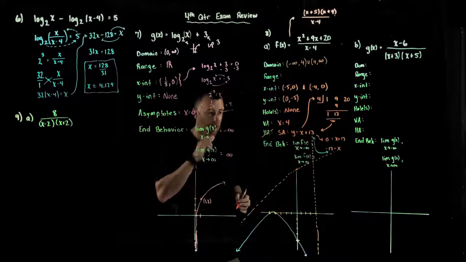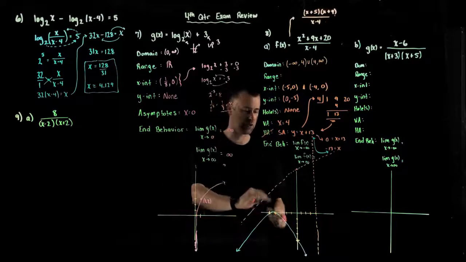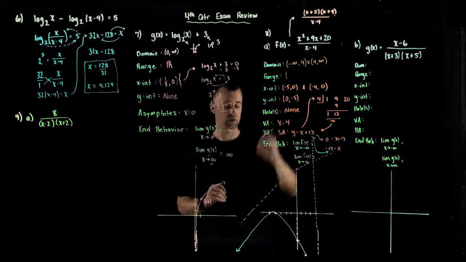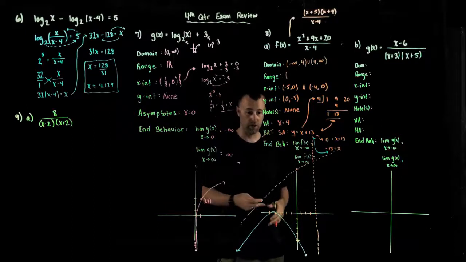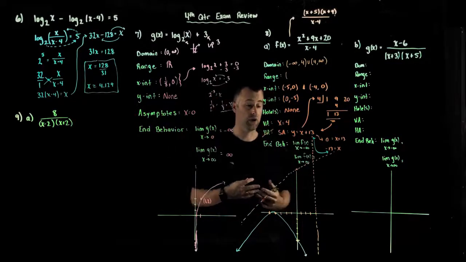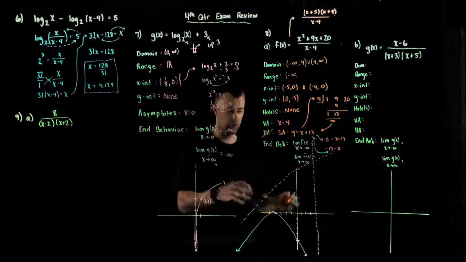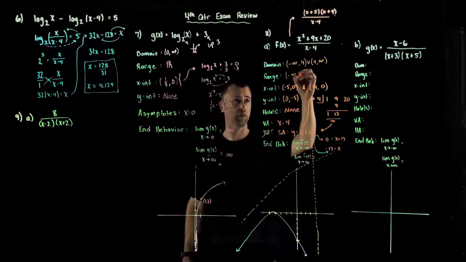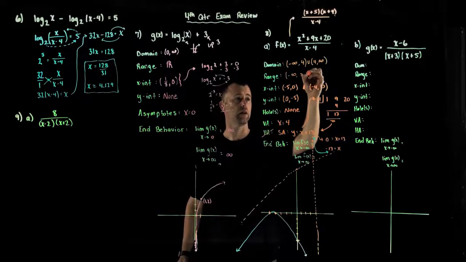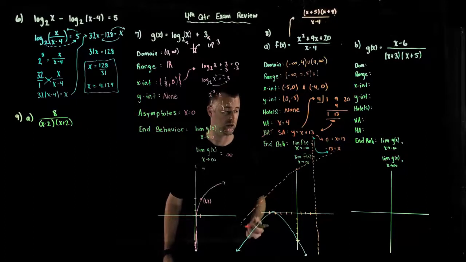So that's your domain. Your range, again, I'm not really going to ask too much about the range because we don't know exactly. I'm just going to guesstimate it. Now, with calculus, you can do derivatives and find the mins and maxes. That would be awesome. Here, it's -infinity, and we don't really know how far up this goes. You can say approximately 0.5. I'm not going to ask you that, and I'm not going to force you to find it at this point.